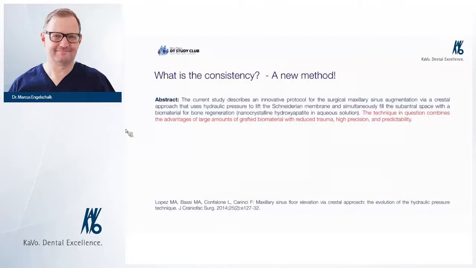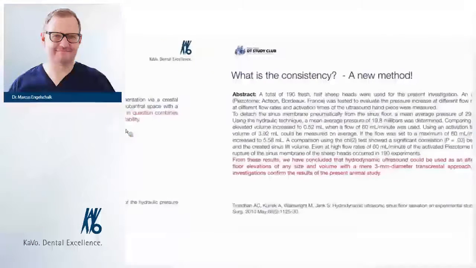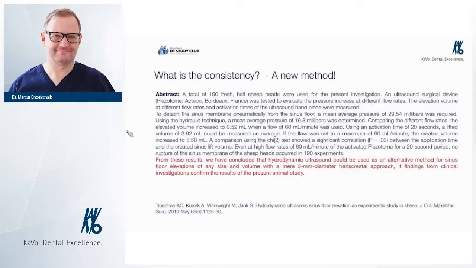That means if you have a balloon and you have several entrances or exits, the pressure will be divided at the same time at every entrance and exit. So this will create a pressure which is the same on every side of the membrane, and to have an easier removal of the Schneiderian membrane from the bone, this liquid will be oscillated.